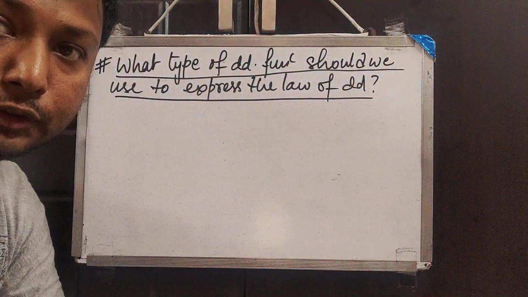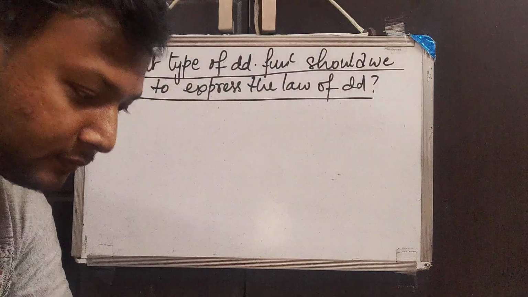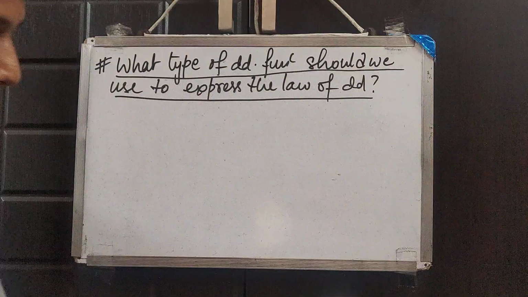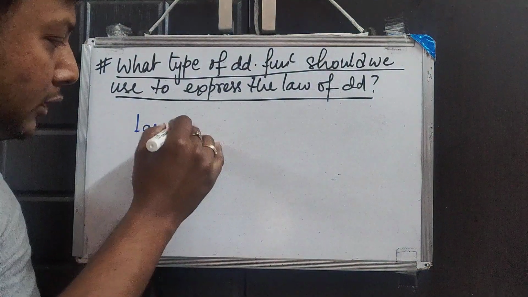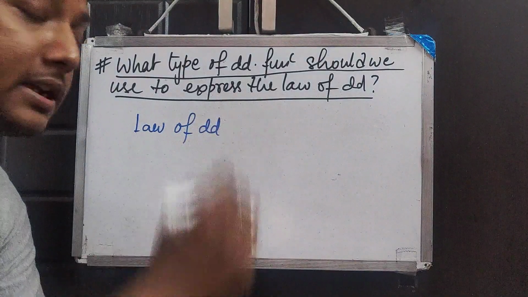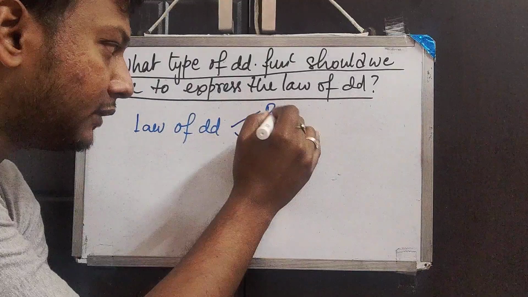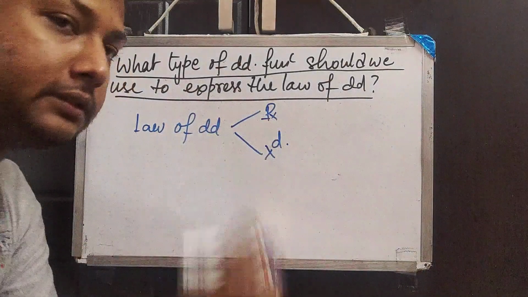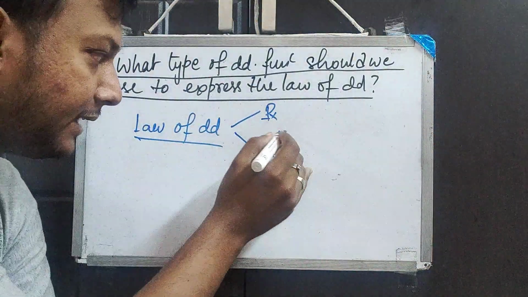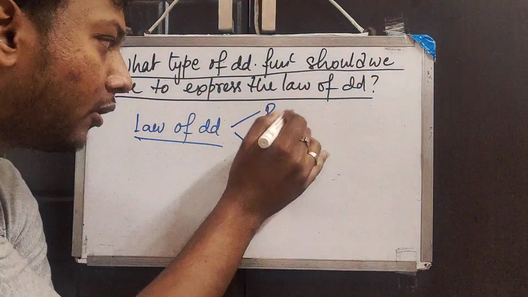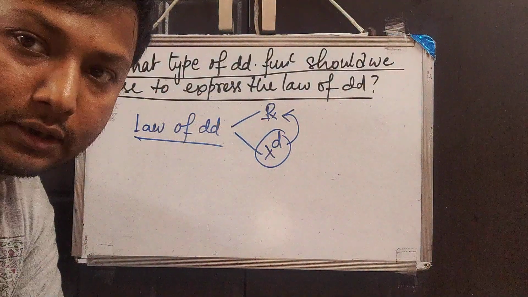What type of demand function should we use to express the law of demand? It's very simple. We know that the law of demand is concerned about only two variables: price of the good and the demand for it. Okay, so it states that demand is dependent on the price of the commodity and all the other factors are held constant.